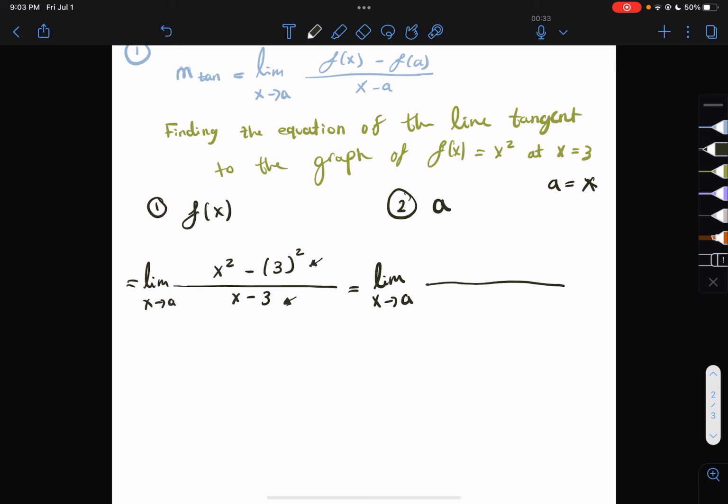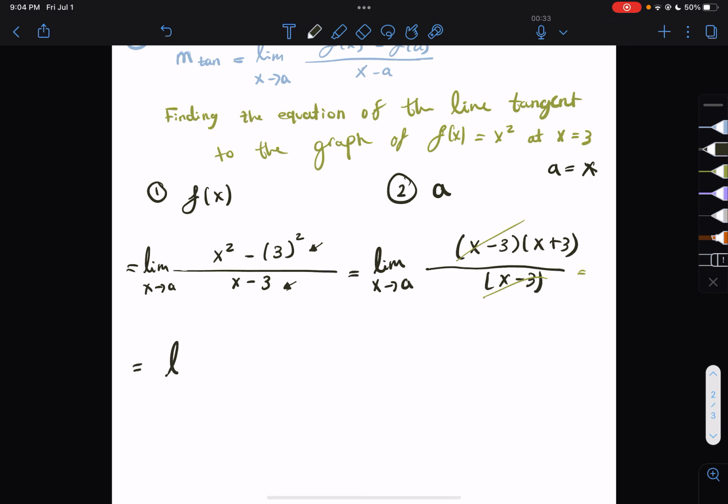the top as the following. So we know we have x squared minus 3 squared, which is going to be x minus 3 times x plus 3, over x minus 3. And what we're doing is just getting rid of that x minus 3. And we're going to go back, right, and rewrite our equation.